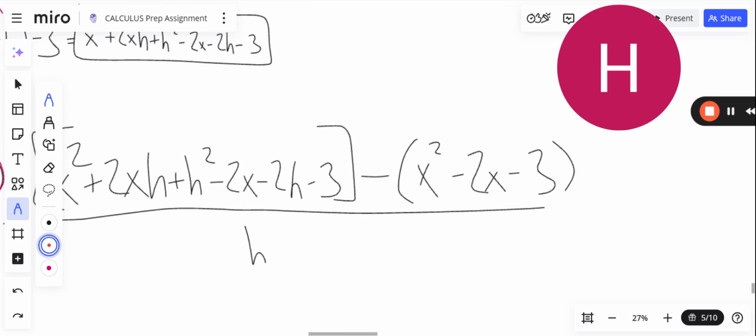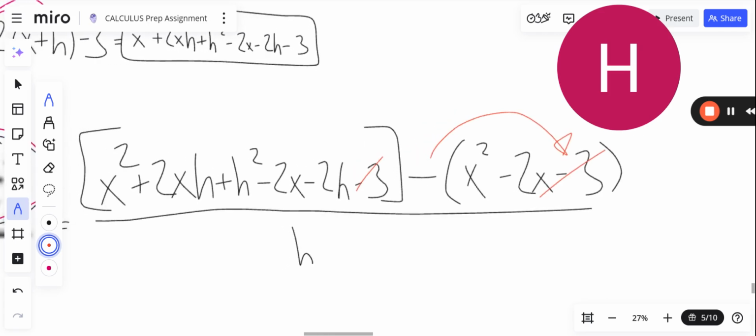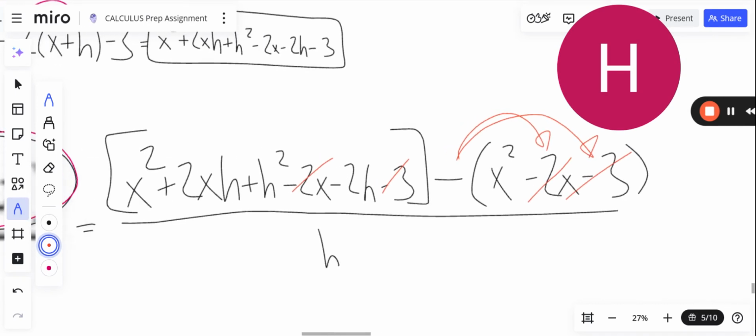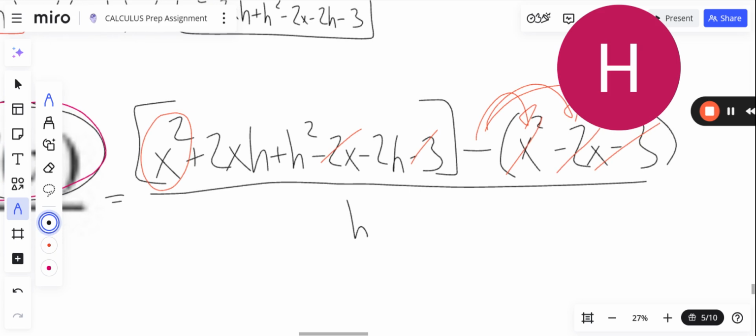For example, -3, if I distribute this, becomes +3, so it cancels. -2x, if I distribute this, is +2x, so it cancels. x squared, when I distribute this, is -x squared, so it cancels.